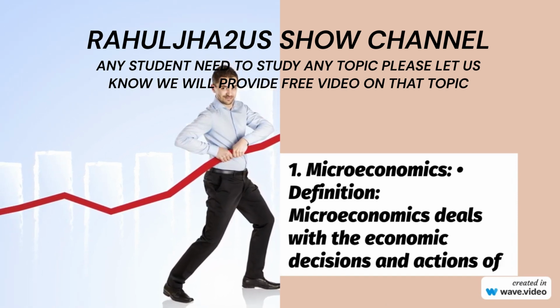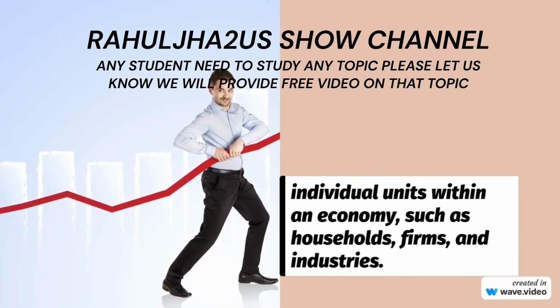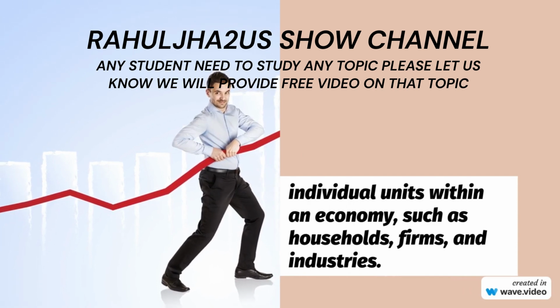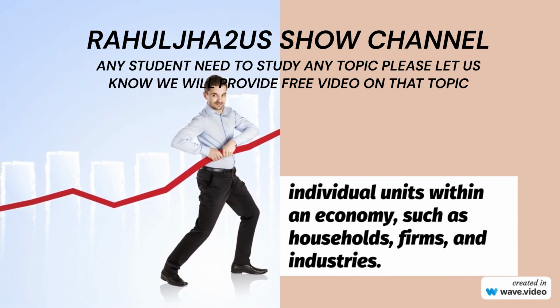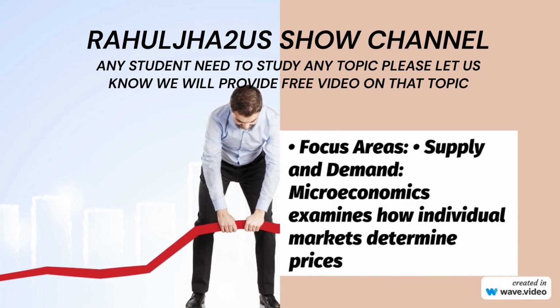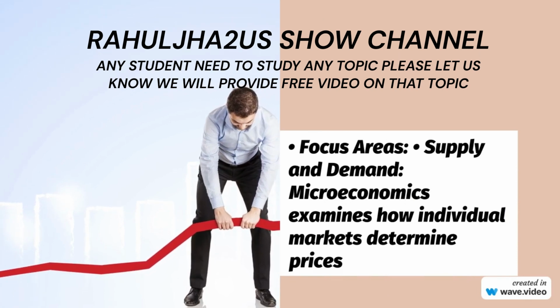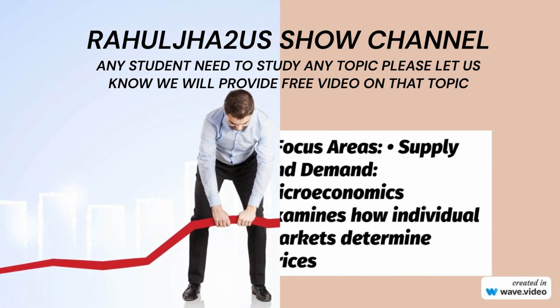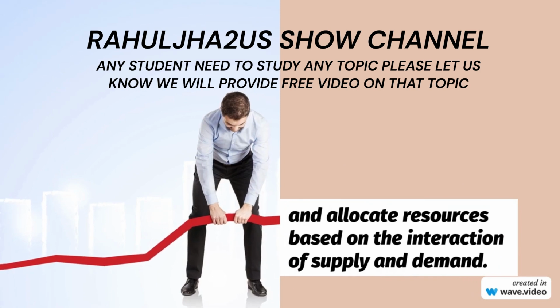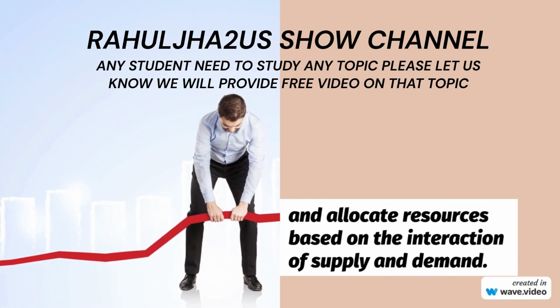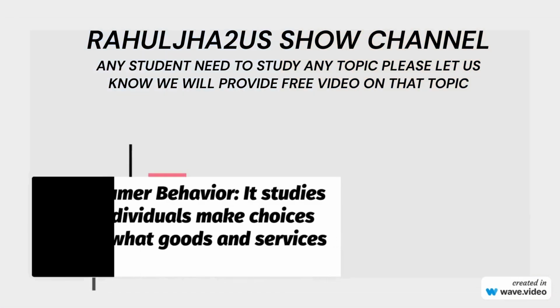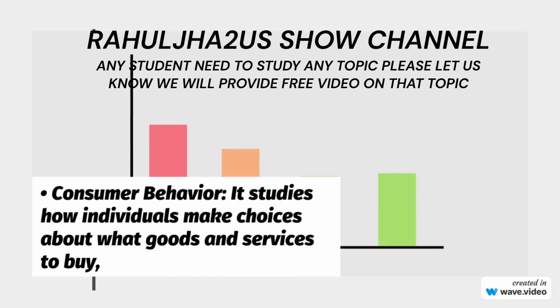Microeconomics. Definition. Microeconomics deals with economic decisions and actions of individual units within the economy, such as households, firms and industries. Focus area. Supply and demand. Microeconomics examines how markets determine price, allocate resources based on interaction of supply and demand. Consumer behavior.